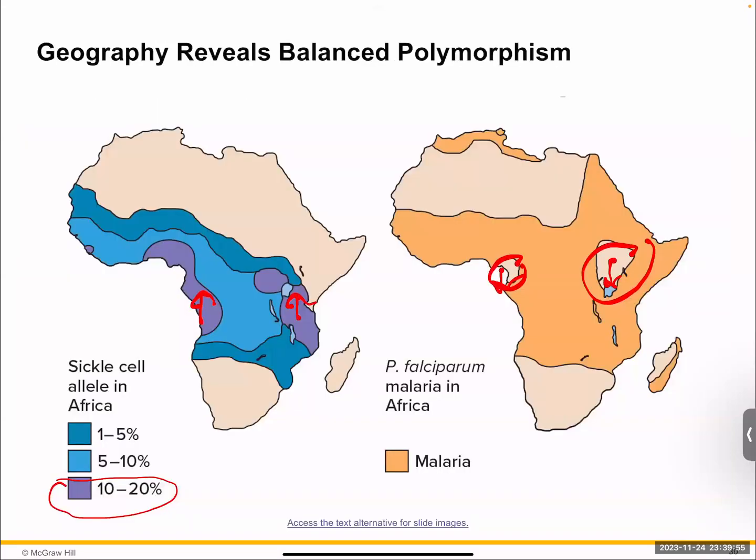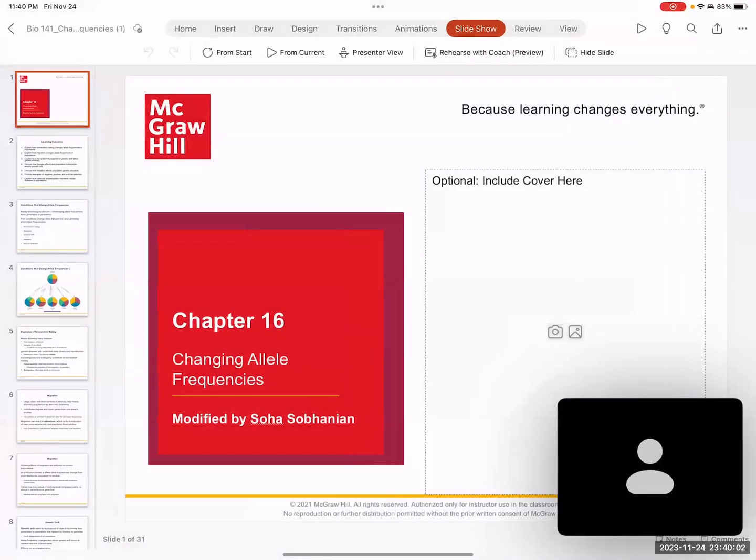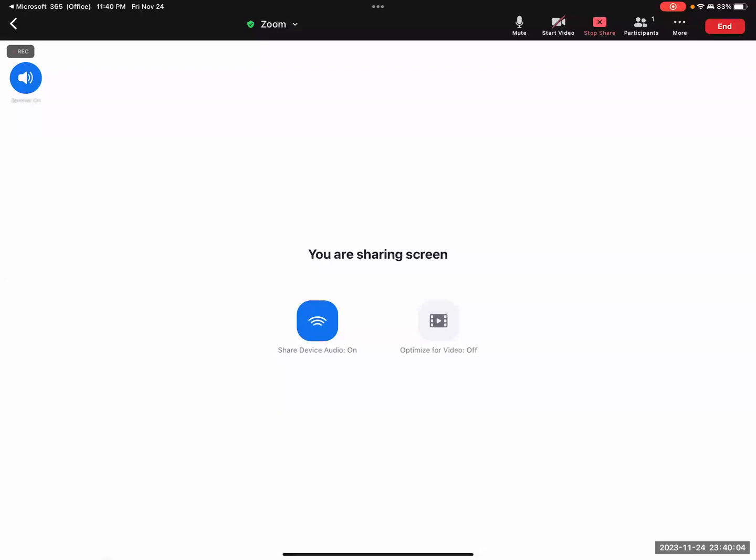So that's about it in terms of our genetic information and variation in changing allele frequency. I do want you guys to please make sure you can provide a description for each of the 5 types of factors that affect change in allele frequency in a population.